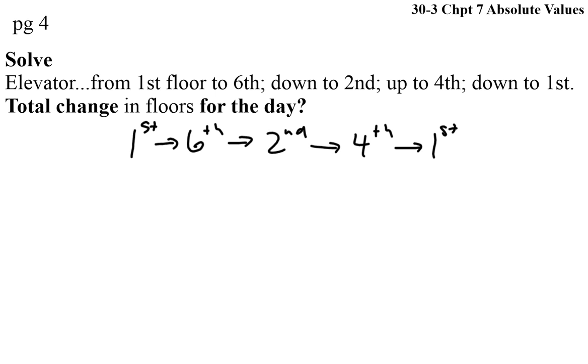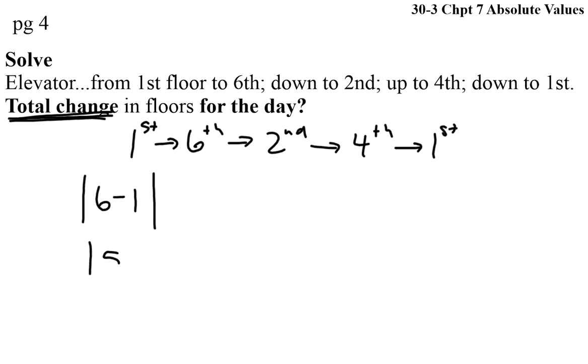So the question doesn't say where did he finish, what was the net change, what was the total change in floors for the whole day. Well, again, I don't care if it was going up or down. I just want the total value. Finished from 6, started at 1, so there's the first change that occurred.